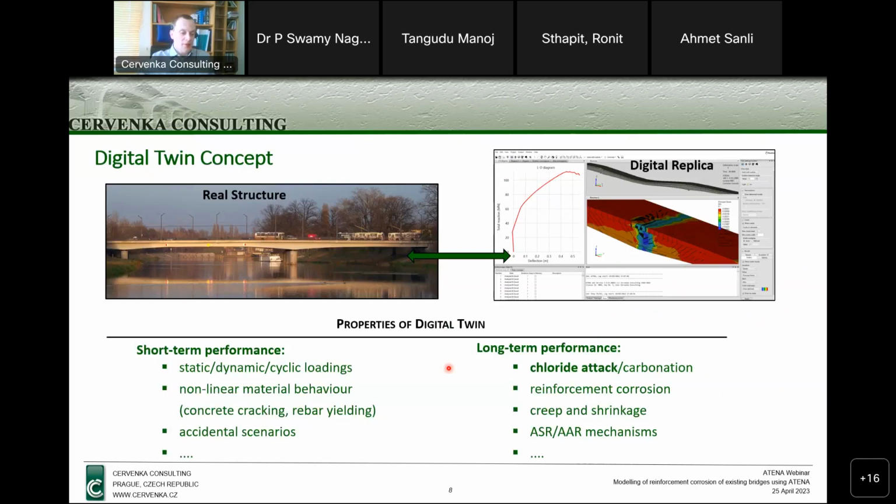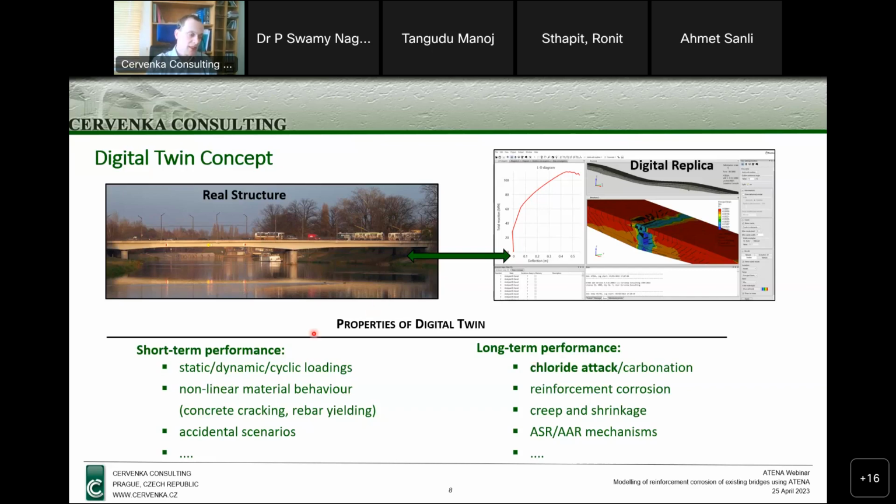So where this all leads to is the application of ATENA for assessing the long-term structural performance, or if you want, we can call it a development of the digital twin of the real structure, which is then possible to use for aging management of the structure, and to deduce how the performance may be affected by degradation mechanisms.